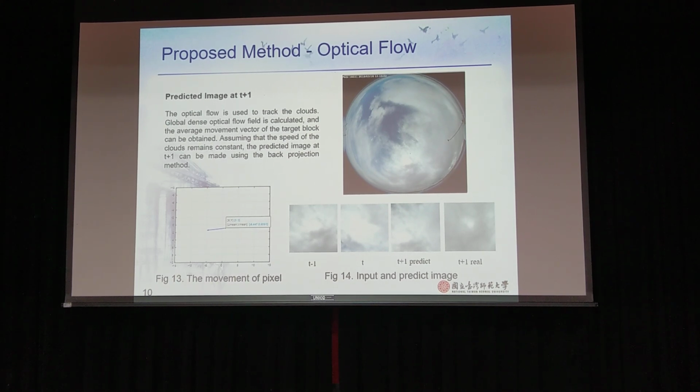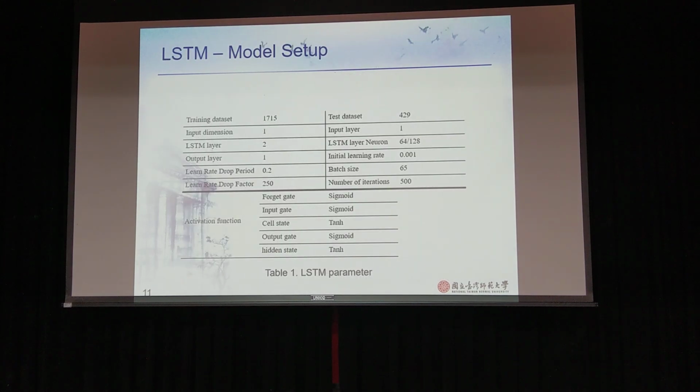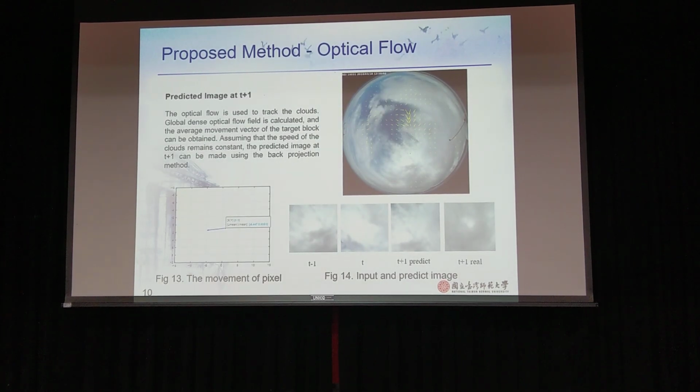And the optical flow calculated by LK assumption is shown as the yellow arrow, with the sun as the target window, and the surrounding pixels all have the same optical flow vector UMV. Assuming that cloud velocity remains constant, through the backward projection method, we make the cloud image at time t plus 1, and then extract feature weight values from this predicted image.